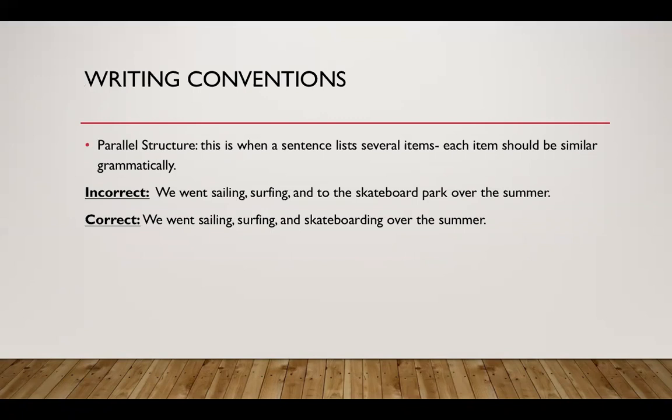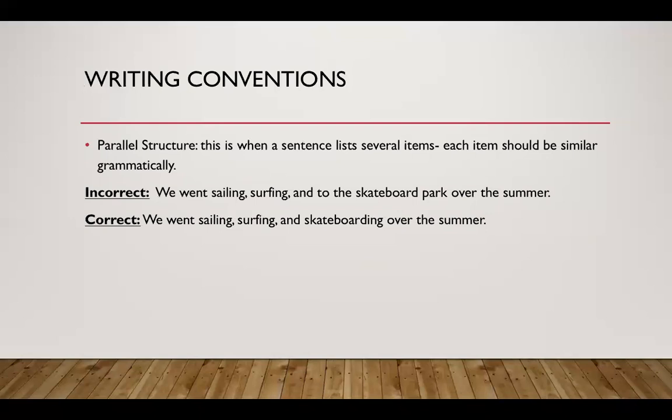A parallel structure, this is when a sentence lists several items. Each item should be similar grammatically. So let's take a look at the correct way to write a sentence with parallel structure. We went sailing, surfing, and to the skateboard park over the summer.